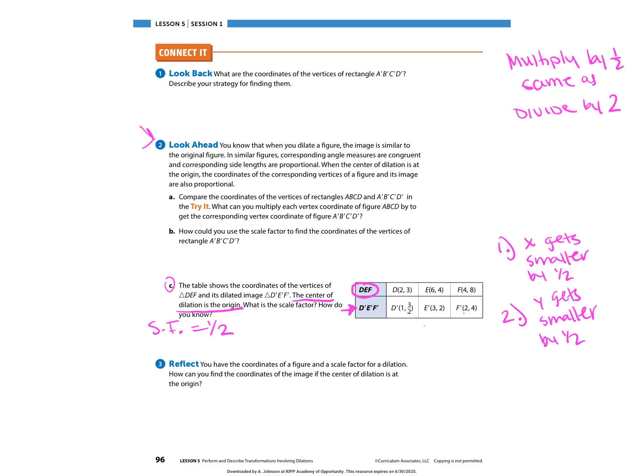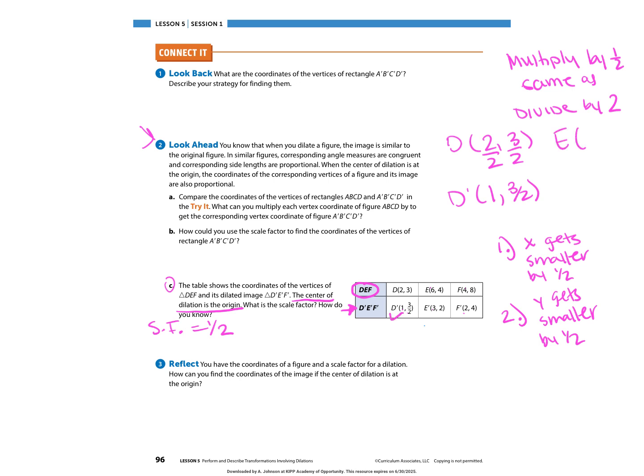Okay, so we're going to start with D. We have 2, 3. 2 divided by 2, 3 divided by 2. 2 divided by 2 is 1. 3 divided by 2 stays 3/2. Works out.